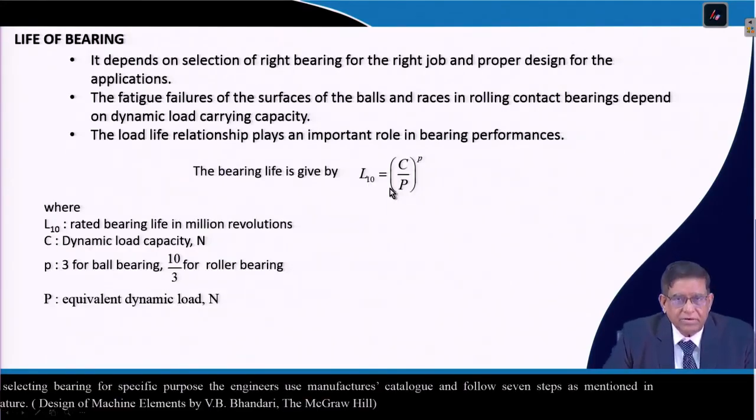Now, in a machine's life, the life of the bearing is a very important issue.